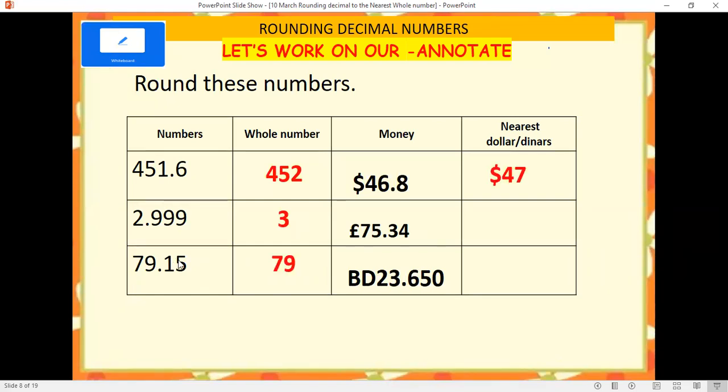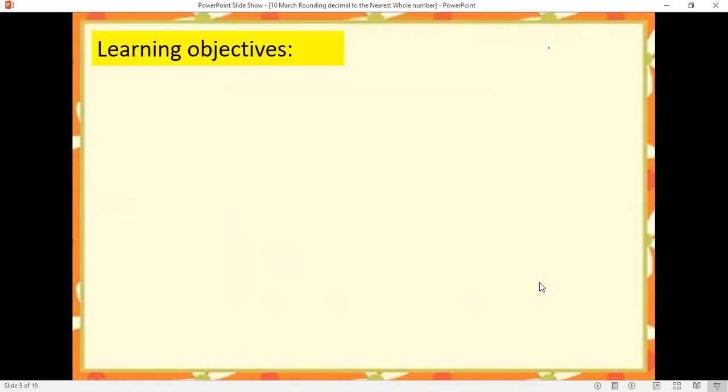So we have 79. Now we have here $46.08. This is 8, so 5 or more, so it will become $47. And here is only 3, it's 4 or less, so it will become 75 pounds. How about here? Yes, we have 24 dinars because this is 6, 5 or more, so plus 1 into the 3, that's why it will be 24.